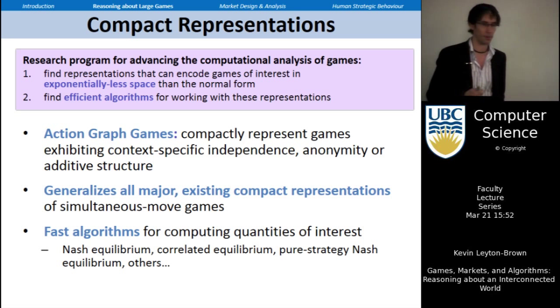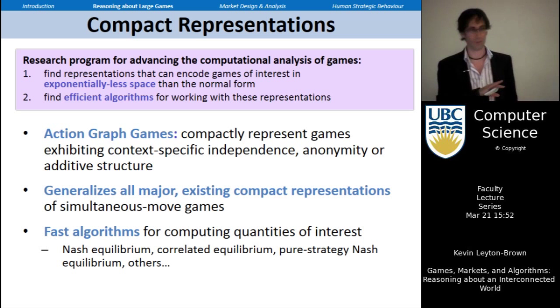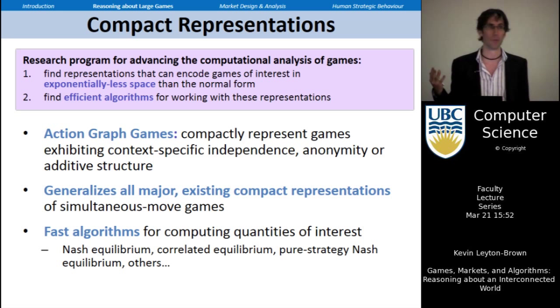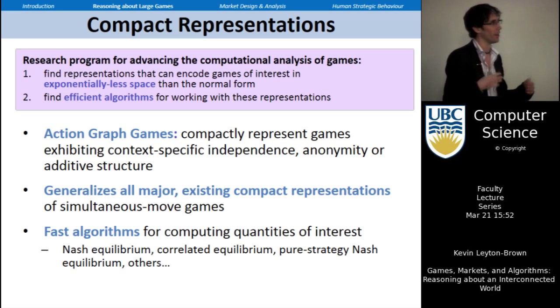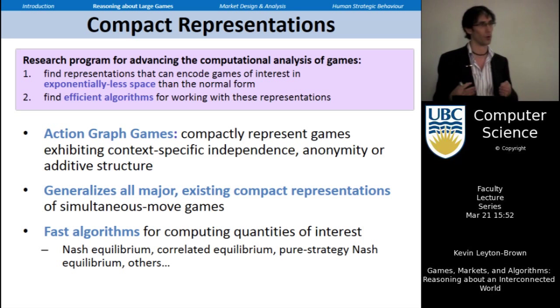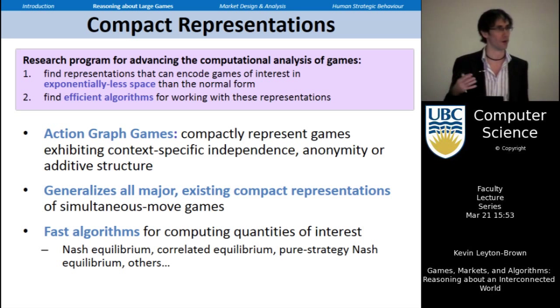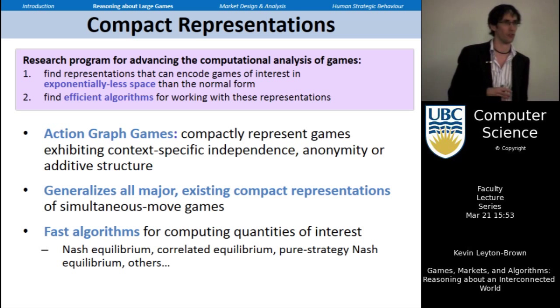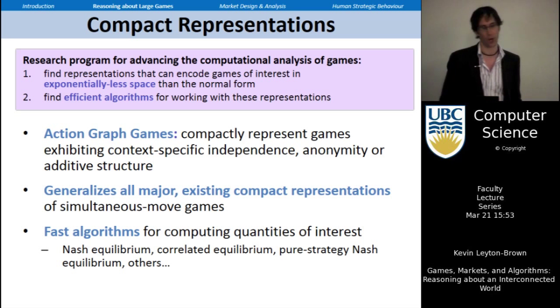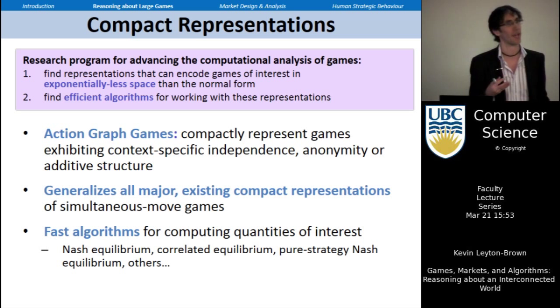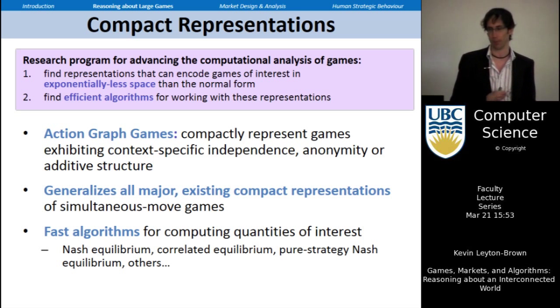And I'm able to reason about games that have a certain kind of independent structure to them, in which there's an anonymity property that says, I don't care about the identities of the people I play with, but only the numbers of people who affect me in certain ways, or an additive structure. So any of these kinds of structures can be represented in an action graph game. This representation generalizes all of the previous compact representations that were known before, in the sense that it represents those games asymptotically equally compactly.